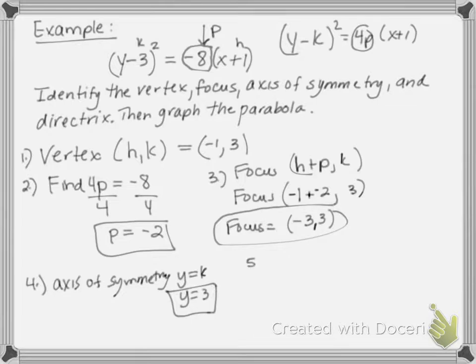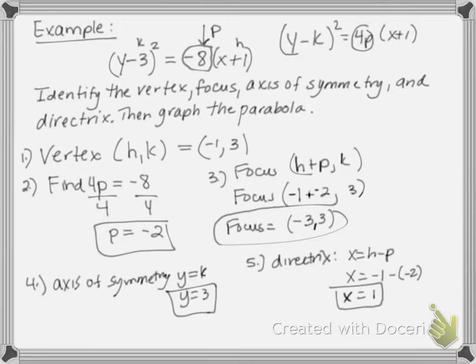And then the fifth thing is, you got to find the directrix. For this orientation of the parabola, the directrix is x equals h minus p. So x is equal to h, which is negative 1, minus p, which is negative 2. So it'll be x equals 1.